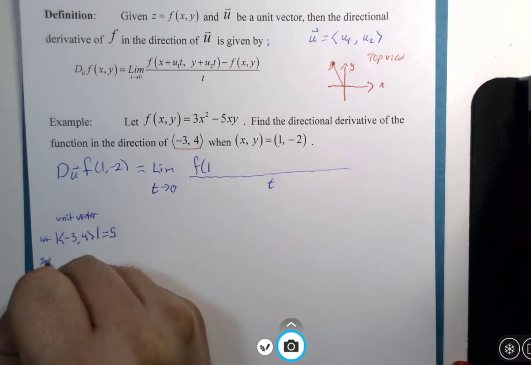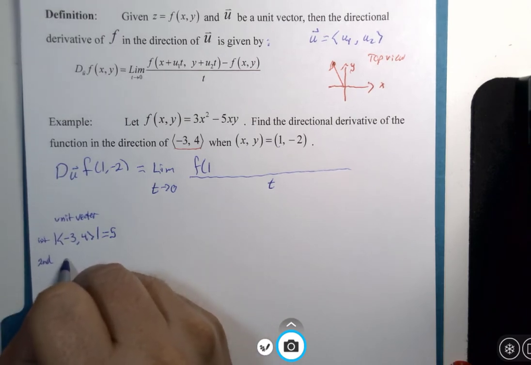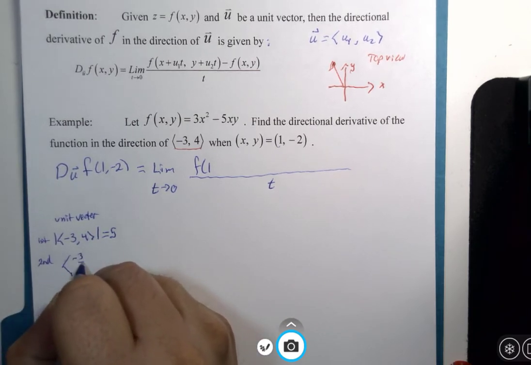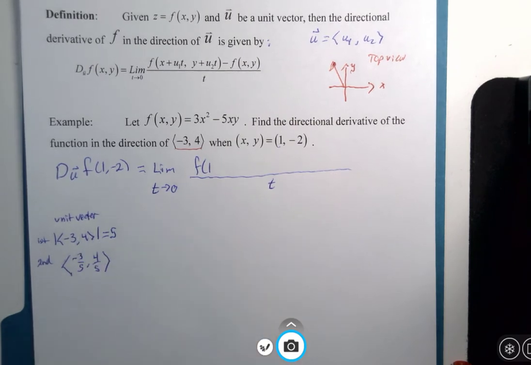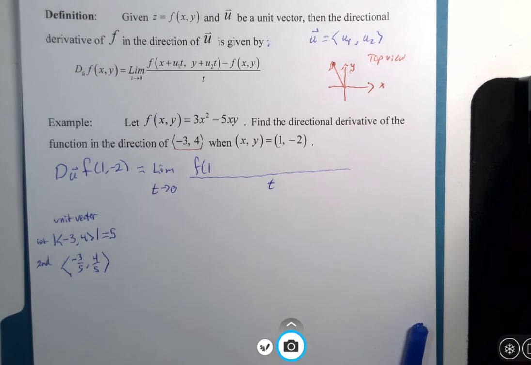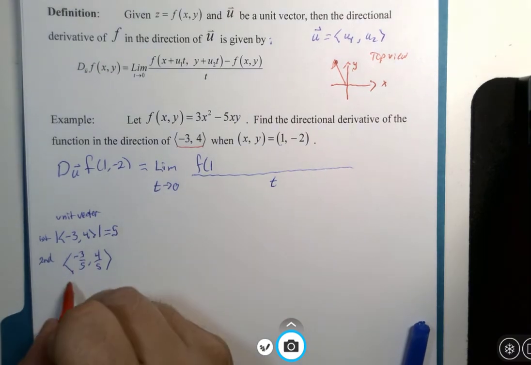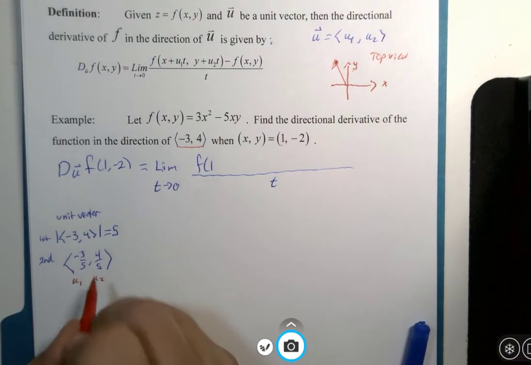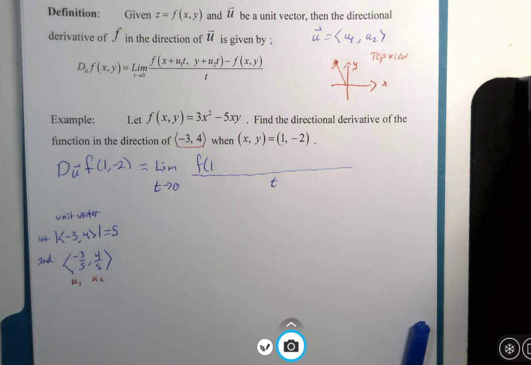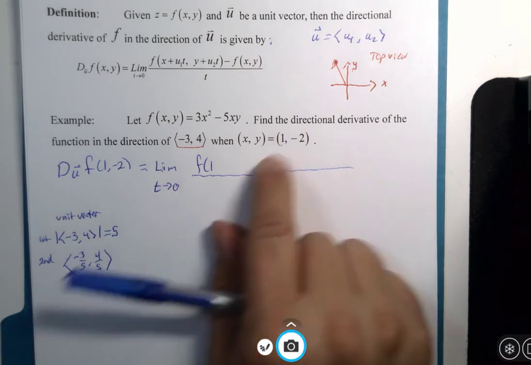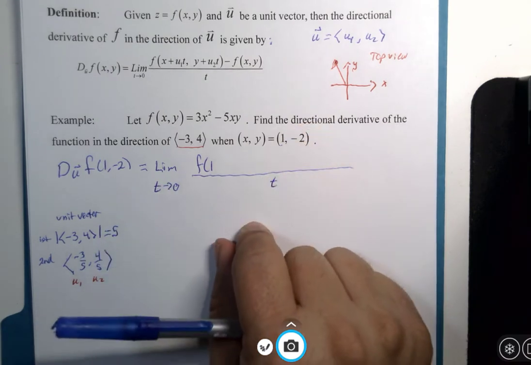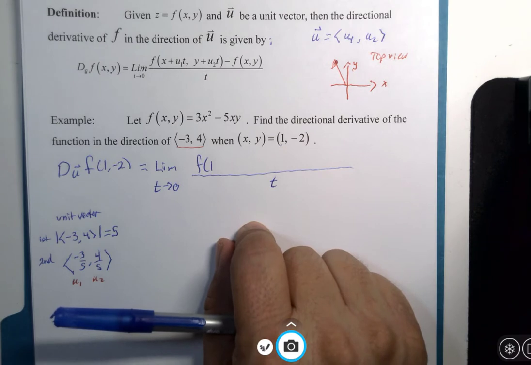So that means the unit vector is going to be, so that's first, then the next thing we get is the unit vector, which would be negative 3/5 and 4/5, and that, my students and my visitors, would represent the u1 and the u2. The unit vector has the direction that we need for our directional derivative. We need the direction, but it doesn't have a scale that impacts it.